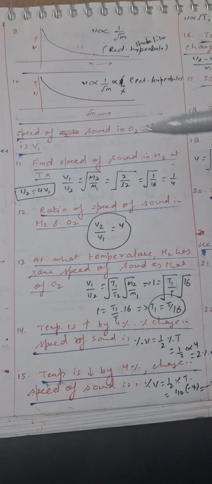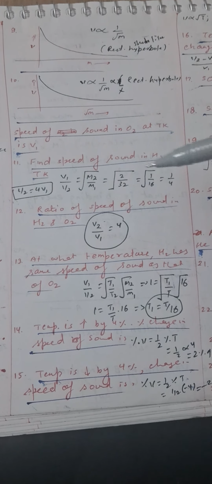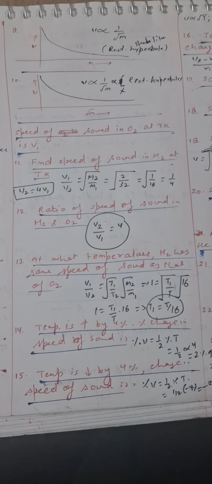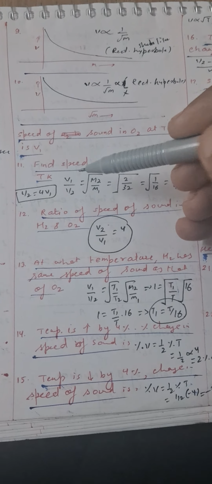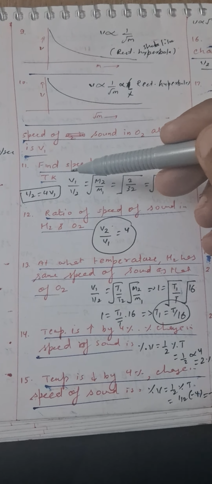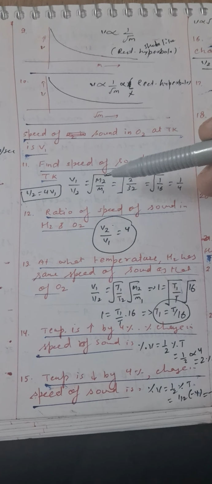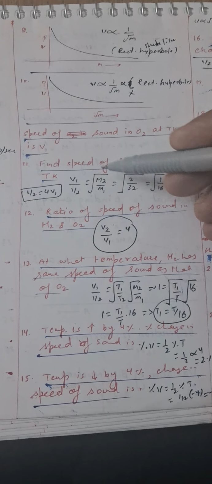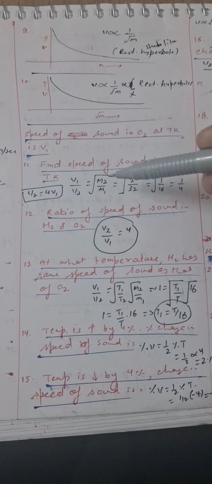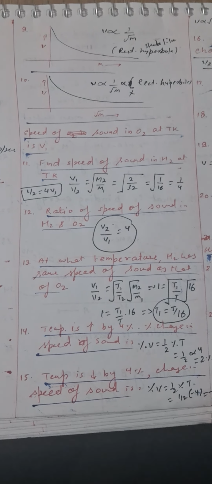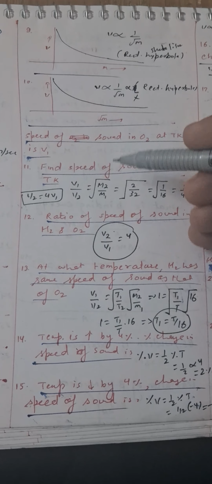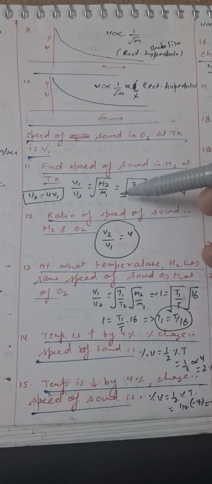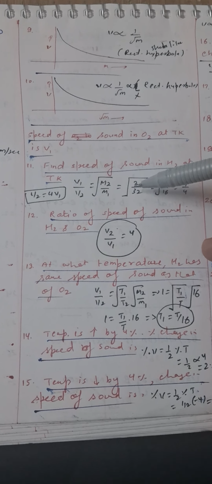Next, the speed of sound in oxygen at T Kelvin is V1. Then find the speed of sound in hydrogen at T Kelvin. As the temperature is the same, V is inversely proportional to root M. So V1 by V2 can be written as root of M2 by M1, where 1 corresponds to oxygen and 2 corresponds to hydrogen.